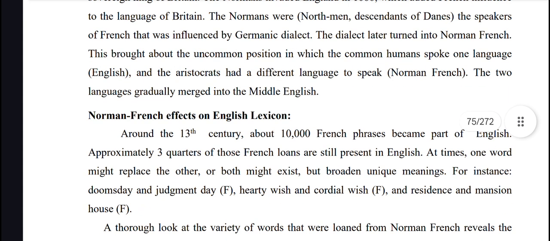This brought about the uncommon position in which the common people spoke one language, and the aristocracy had a different language to speak. Norman French and English gradually merged into Middle English.